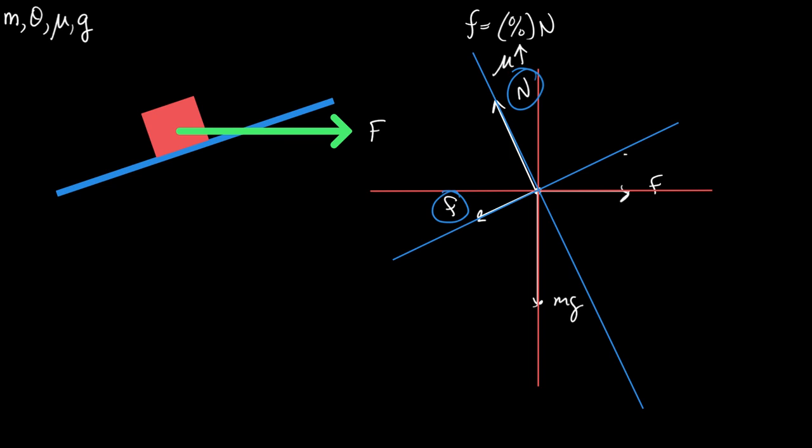We're going to use the blue coordinate system. There we go. That means I have to break up the weight and the applied force. This angle here is theta for both of them, for the same reasons why we talked about that yesterday.